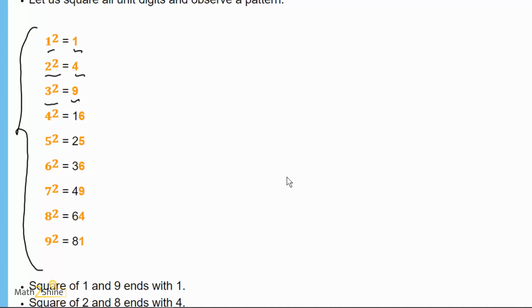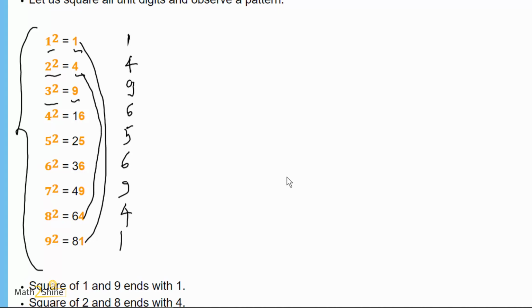The square of 1 is ending with 1, then 4, then 9, then 6, 5, and the same pattern repeats: 6, 9, 4 and 1. You can see this pattern here visually. This is matching, 9 and 9 is matching, 6 and 6 is matching, and 5 is matching.